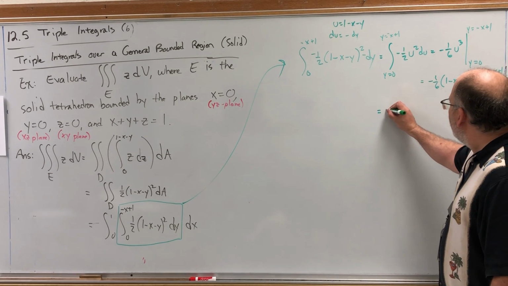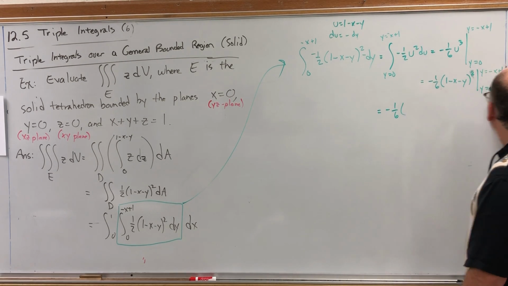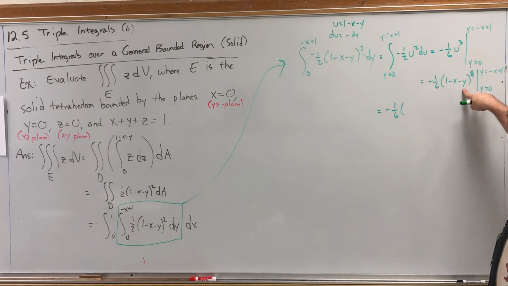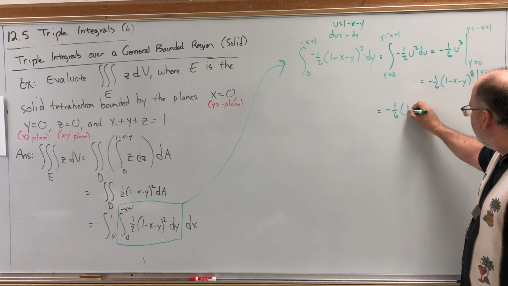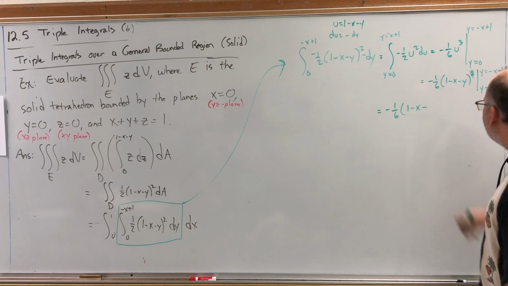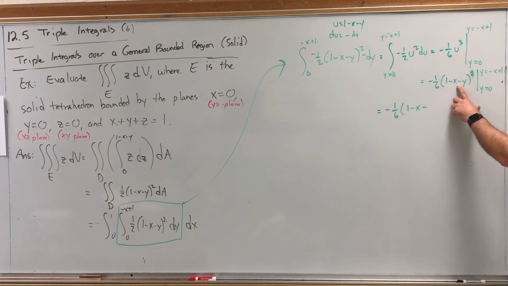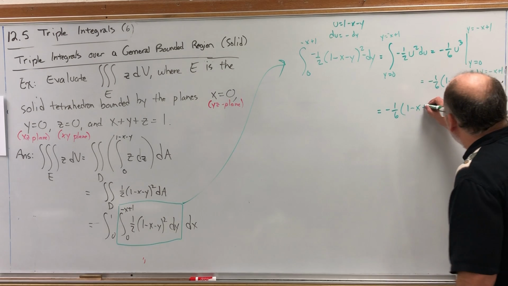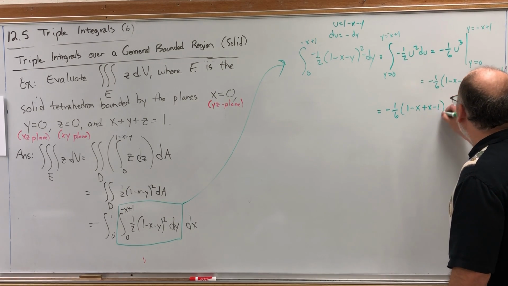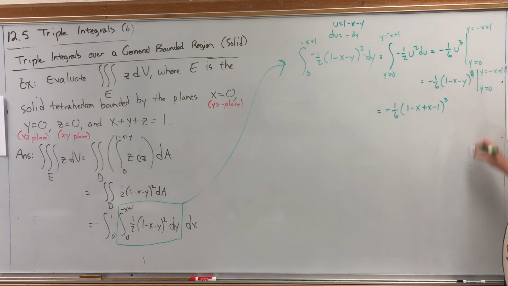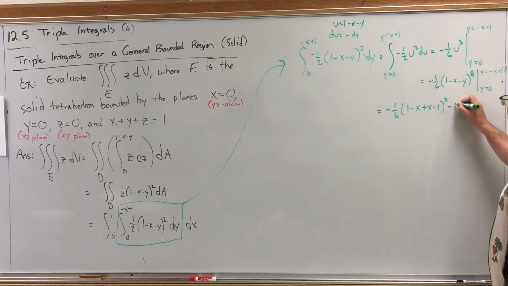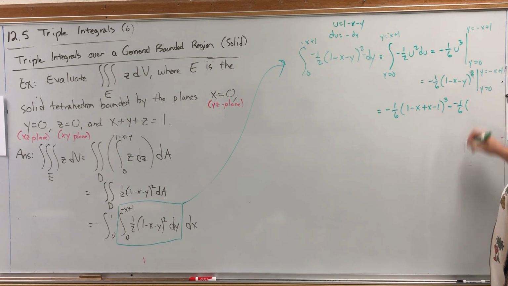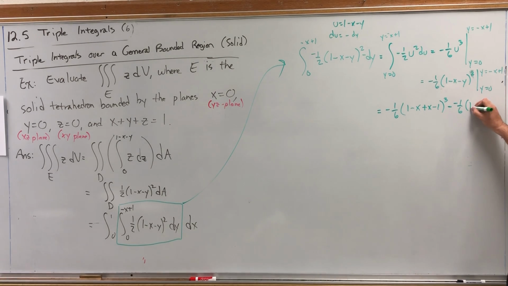If we substitute negative x plus 1 for the y, then this parentheses becomes 1 minus x minus. If this negative gets distributed to both of these, I get a positive x and a negative 1. So it's actually positive x and negative 1 to the third power minus negative 1/6 parentheses, substitute a 0 for the y, I get 1 minus x to the third power.